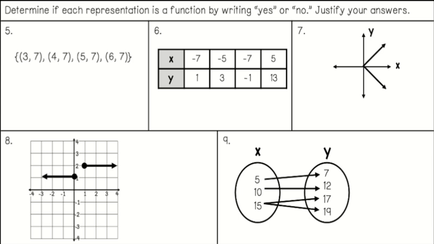Number 5, Aubrey. Function. What letter do we look at? X. X is the first one. Those do not repeat. So does it matter that the y repeats? No. The y values aren't very important for this. We're looking at the x values, okay? Number 6 there.